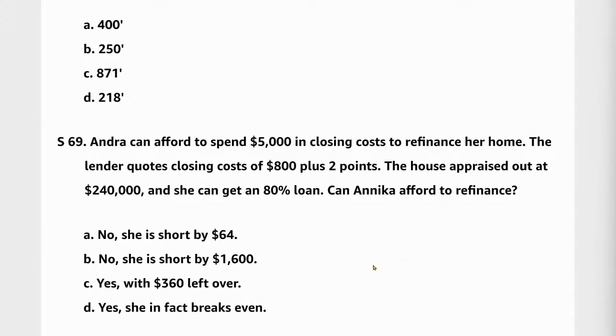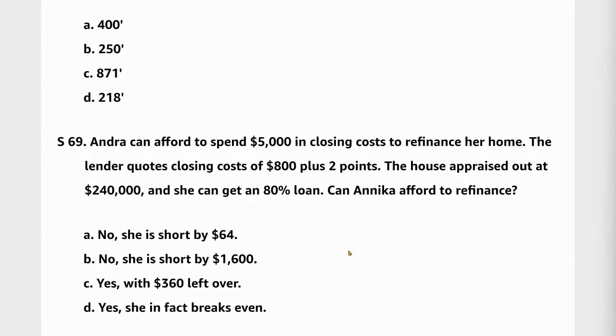So now she has to pay 2 points on that 192,000, because 1 point is 1% of the loan amount, and 2 points is 2% of the loan amount.